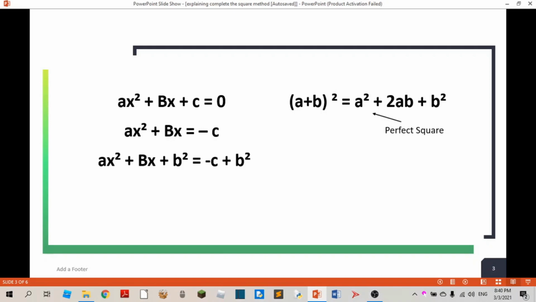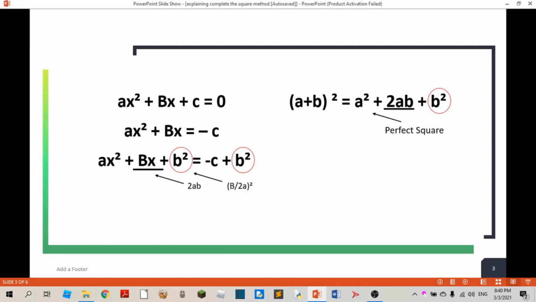First, we are going to add b squared to each side. Next, since we know that big B is equal to 2ab, that means b has to be big B divided by 2a. So we can replace the b with big B divided by 2a.